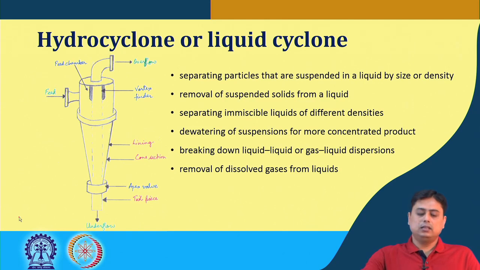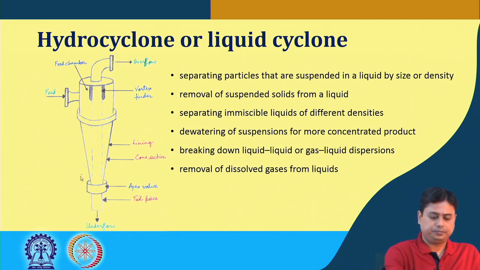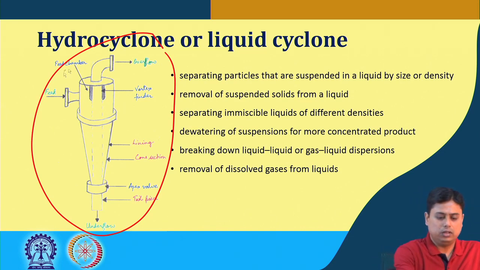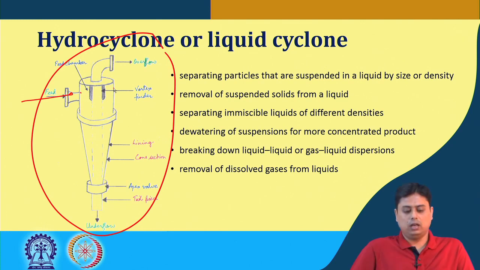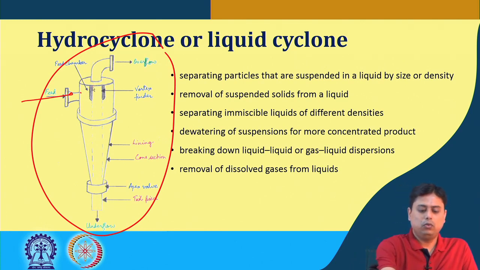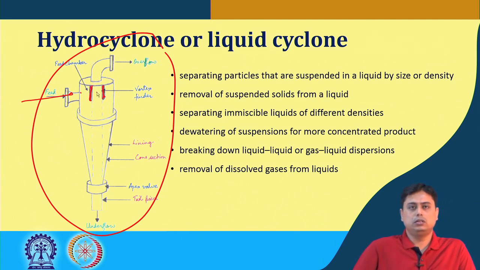So it has a similar geometry, where we have the feed chamber. The feed comes in with a very high velocity and goes tangentially into this conical cylindrical section. We have this overflow, and this is the vortex finder, which intrudes into the cylindrical section.